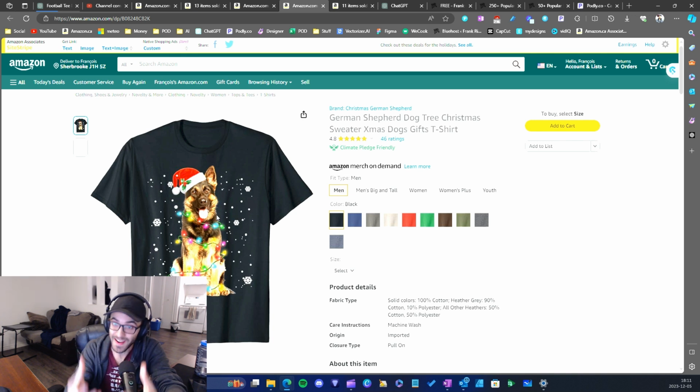It's not just any dog, it's a German Shepherd dog, and he crossed the niche of Christmas. So the people that are going to buy this are people that are interested in Christmas and also in German Shepherd dogs. So in this case, this person used the evergreen niche of dog combined with the monthly event Christmas niche.